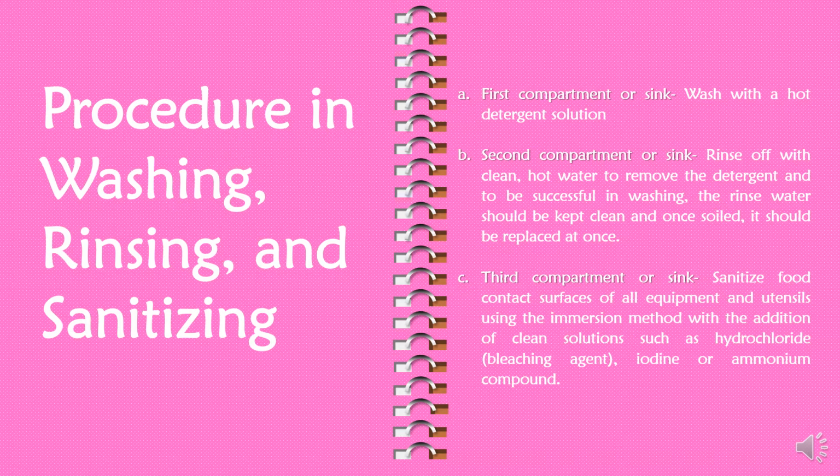The rinse water should be kept clean, and once soiled, it should be replaced at once. Third compartment or sink, sanitize food contact surfaces of all equipment and utensils using the immersion method with the addition of clean solution such as hypochlorite, iodine, or ammonium compound.